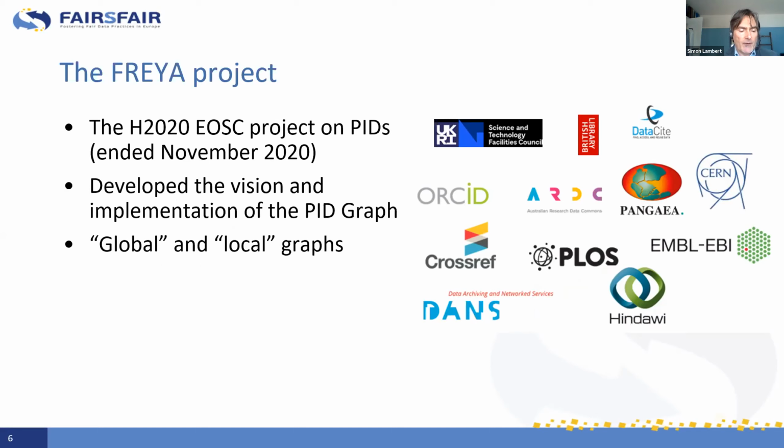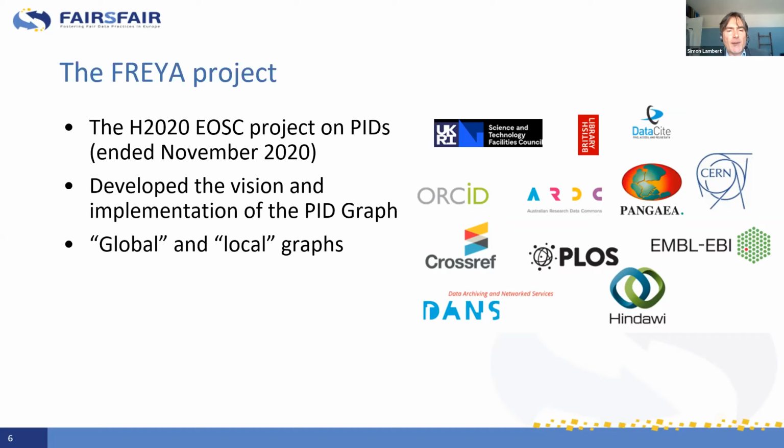The project was one of a number of projects building parts of the European Open Science Cloud. It came to an end towards the end of last year, and all the results are available, of course, on Zenodo or through the project website. And one of its major achievements was the development of the vision and implementation of the PID graph.